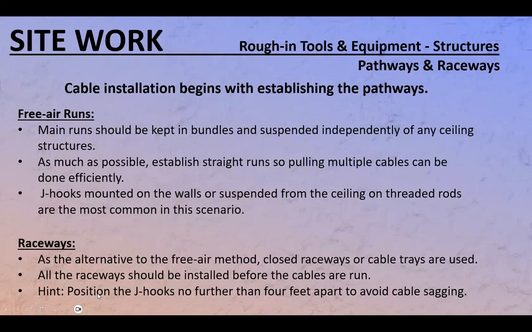Hint: position the J-hooks no further than 4 feet apart to avoid cable sagging. Cable sagging is bad. First of all, it just takes more space than it should. Second of all, which is most important, if you get too much cable sagging, then at the J-hooks the cables succumb to the physical pressure. It can actually affect the specifications of the cable.